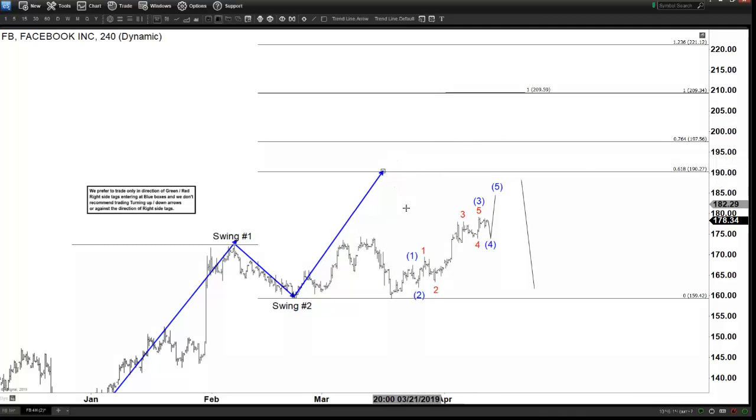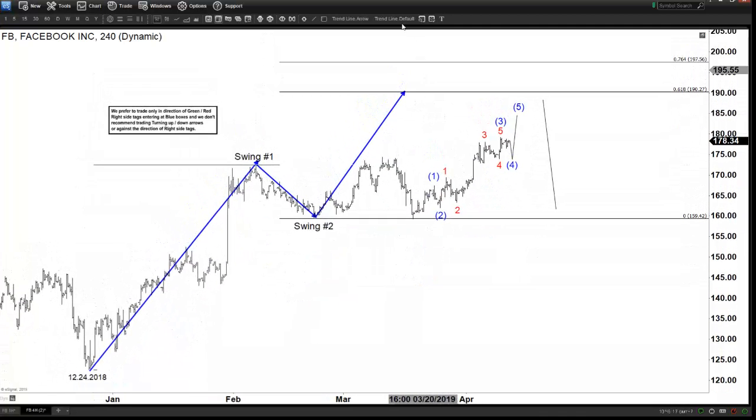So the less aggressive view here is just the next swing target, which is going to be the 61.8 extension, which is $190. So we're looking for a move higher to around $190 at least, which is the 61.8 extension of this swing relation using the Fibonacci.